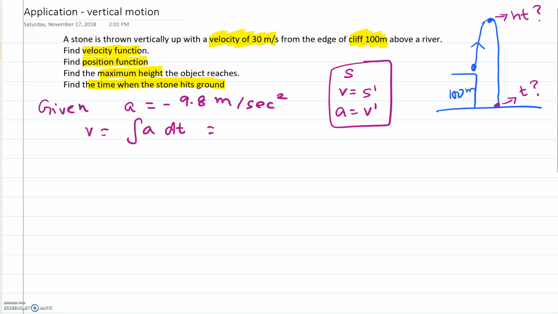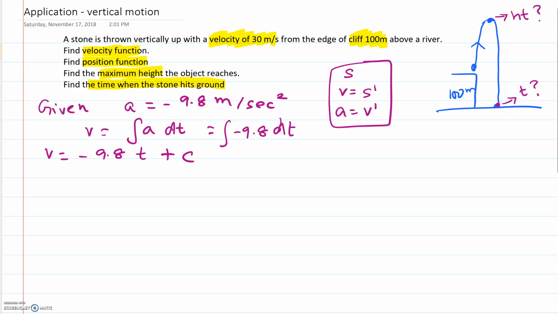Using these derivatives, we're going to write the integral statements. Velocity is the integral of a dt, which is the integral of negative 9.8 dt. So the velocity will be equal to negative 9.8 t plus c.